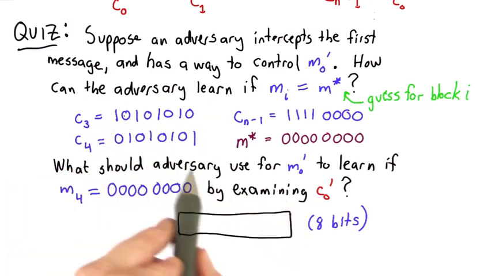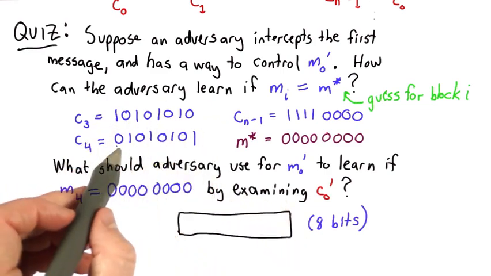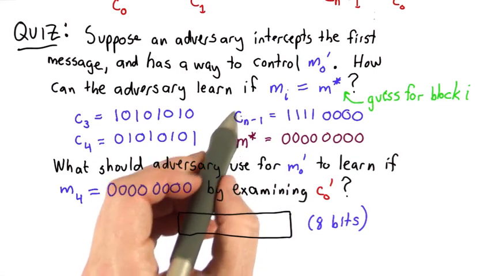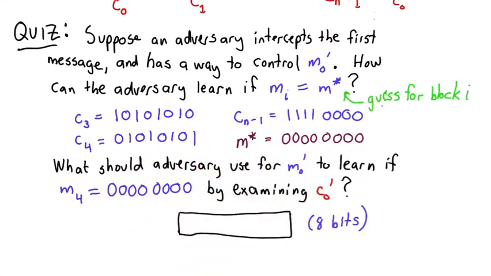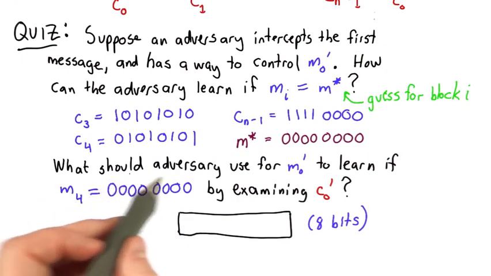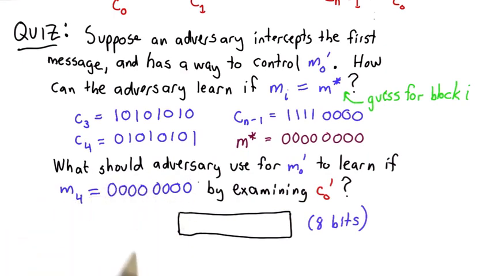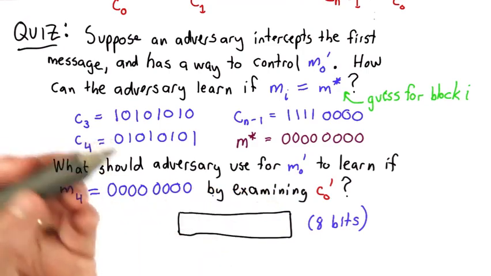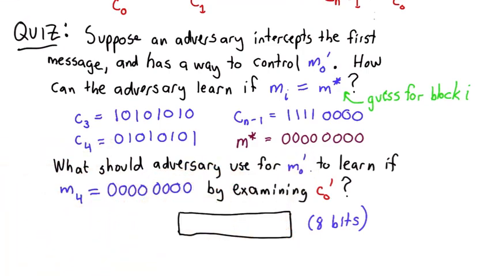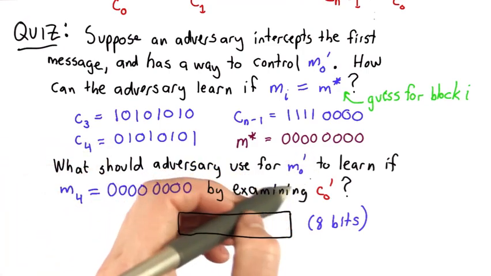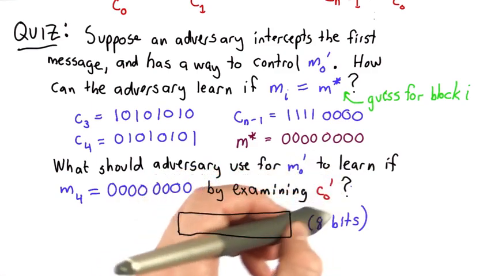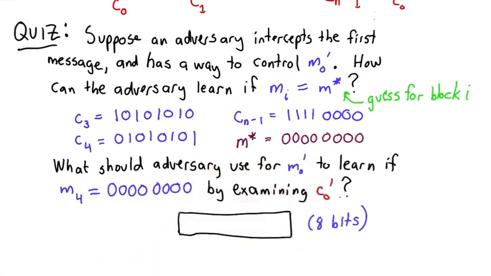C3 was 10101010. C4 was 000. Cn-1, that's the last ciphertext block, was 4 ones followed by 4 zeros. And what the adversary wants to learn is if the value of M4 was equal to all zeros. To do this, the adversary can set the value of M'0, figure out how to make the server give a particular response, and examine the first ciphertext block.